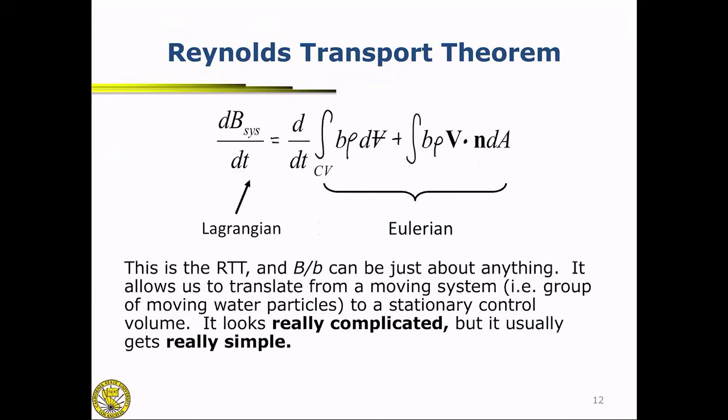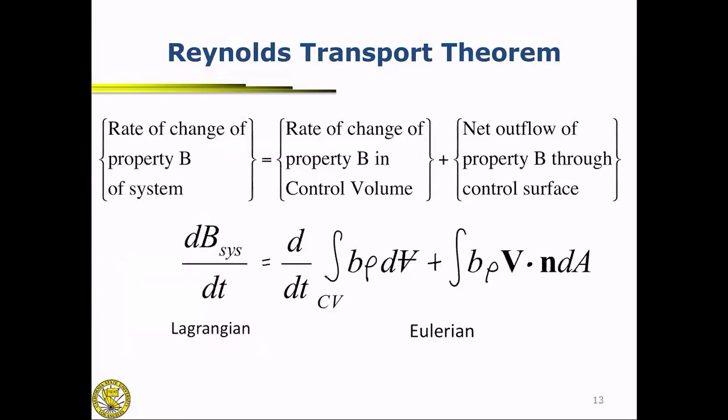It, again, looks really complicated, but I'm going to walk you through the derivation to show you it's actually quite simple. And actually, I like this perspective because it shows you on the left-hand side we have Lagrangian, on the right-hand side we have Eulerian. So on the left-hand side of the equal sign, this means the rate of change of property B, which is an extensive property of a system.